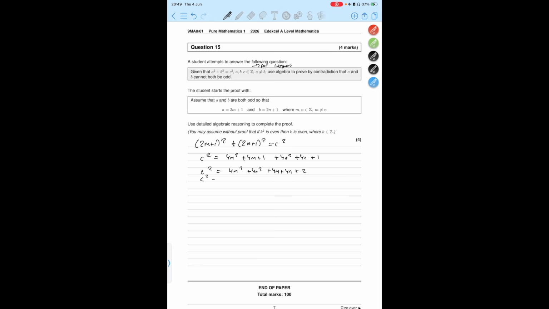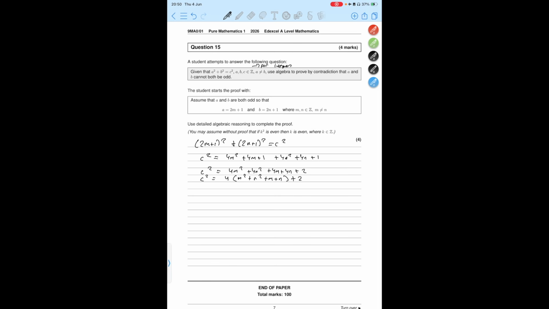So let's see here. We can clearly factorize out 4 here: 4 times n squared plus m squared plus n plus m, plus 2. Okay, we can see we can factor out 4 there. So what we can see here is that c squared is clearly even, because we've got this even part here, and if we add 2 onto an even number, it's going to be an even number.